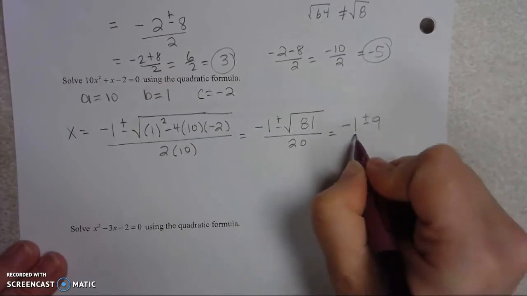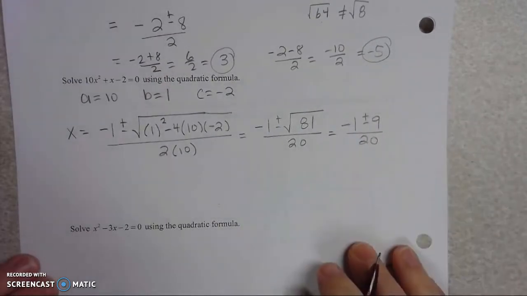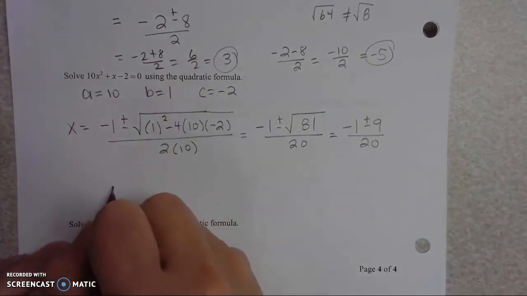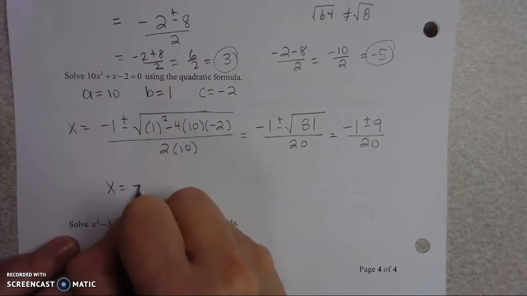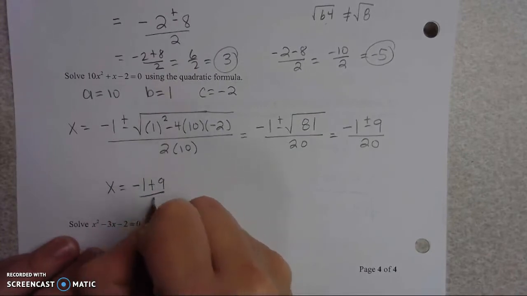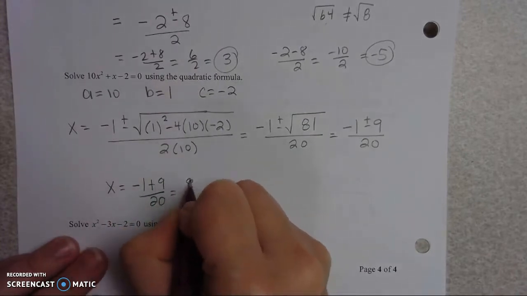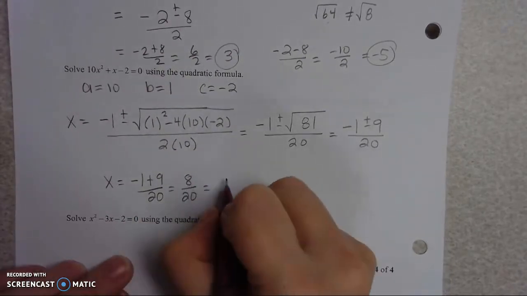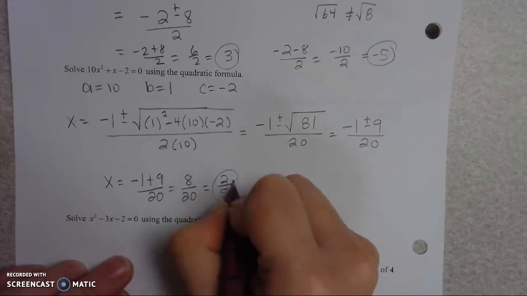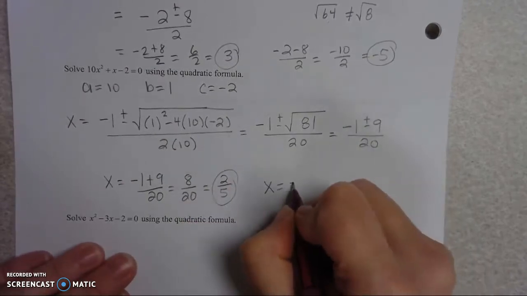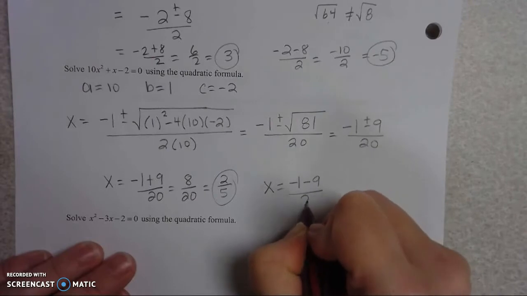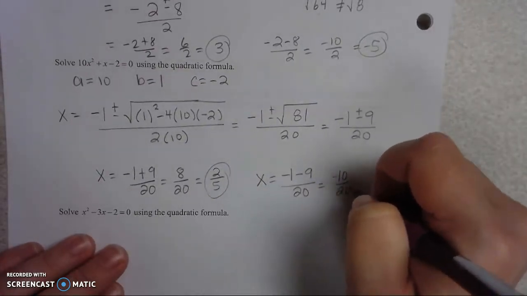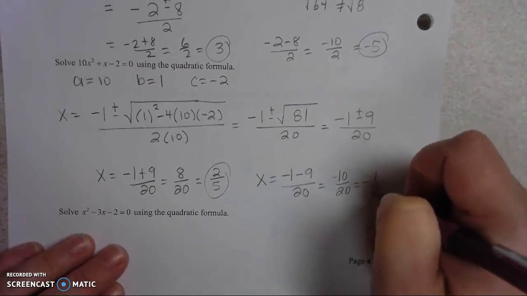Notice I do not have a radical sign there. Then I'm just going to simplify and find out what my two answers are. So x can be negative 1 plus 9 over 20, which will be 8 over 20, which simplifies, both divisible by 4, to 2/5. x can also be negative 1 minus 9 over 20, which will be negative 10 over 20, which simplifies to negative 1/2.